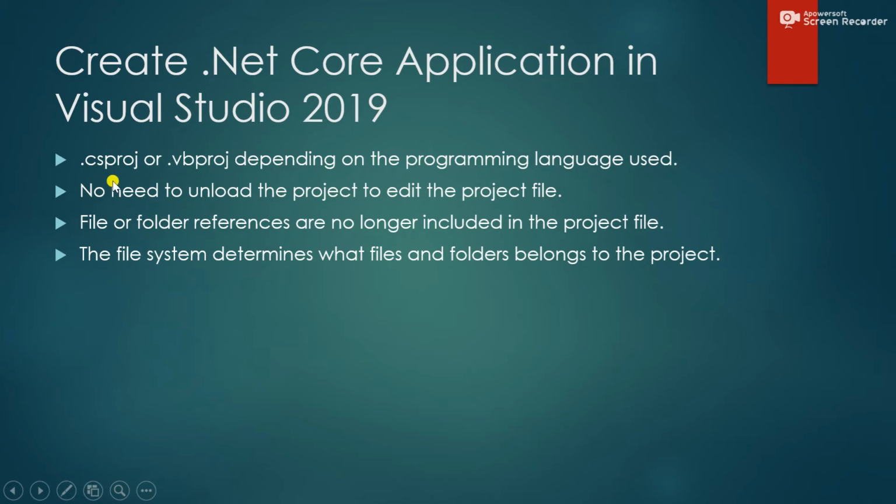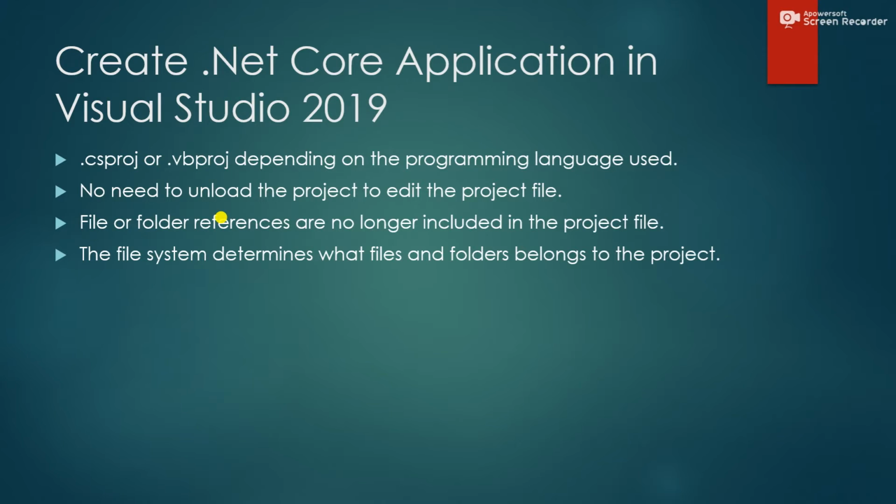The next important thing is that when you add any files or folders, there will not be any references added in the project file, right? Previously, when we were adding any files or folders, the project file was getting updated or modified.